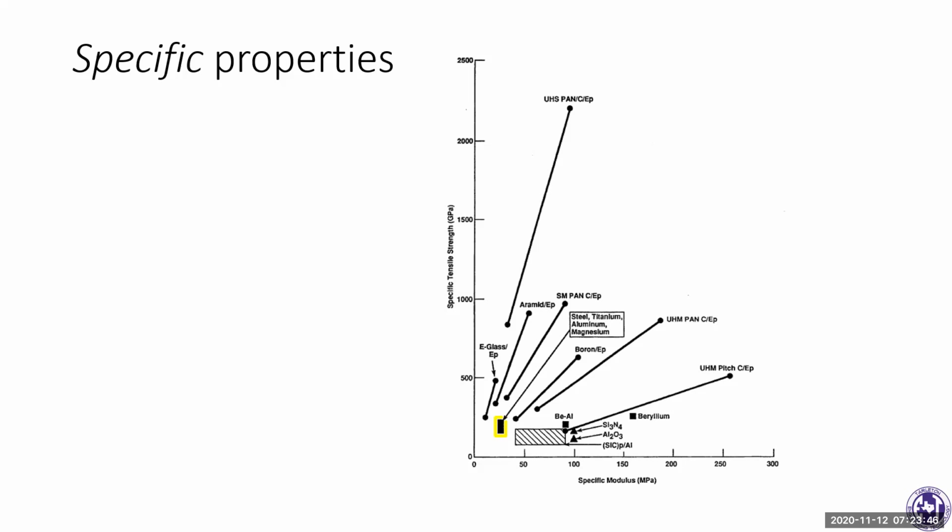The highlighted box shows where steel, titanium, magnesium, and aluminum fall. These lines show the characteristics of various carbon, glass, and aramid reinforced epoxy composites. Note that UHS means ultra high strength carbon fibers, and UHM means ultra high modulus carbon fibers.